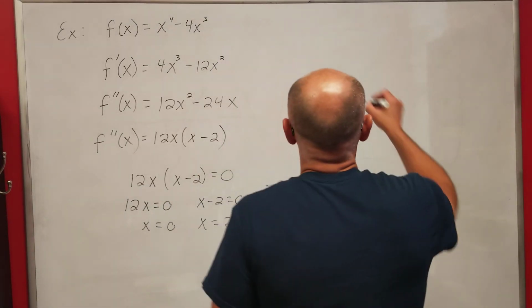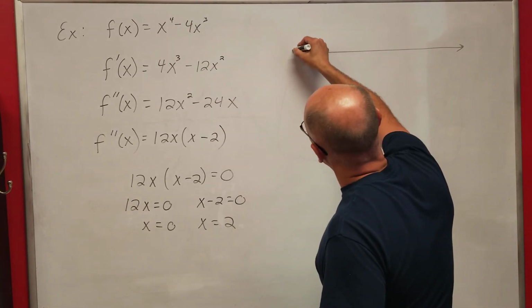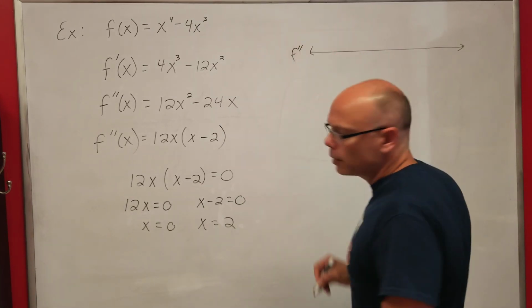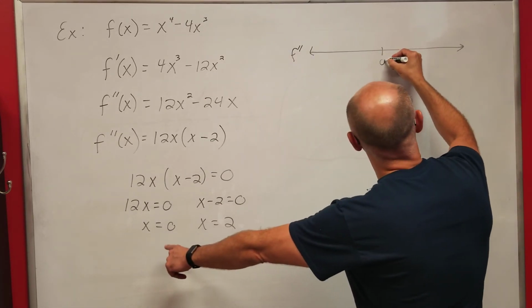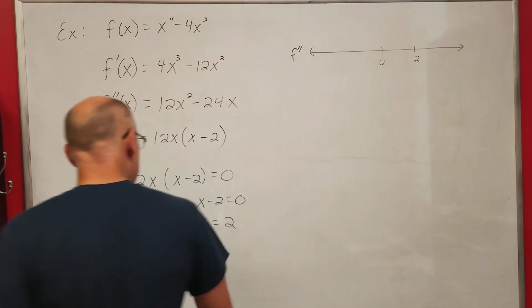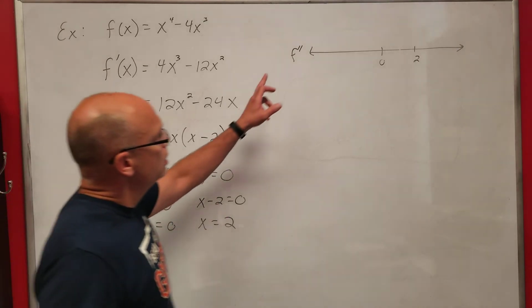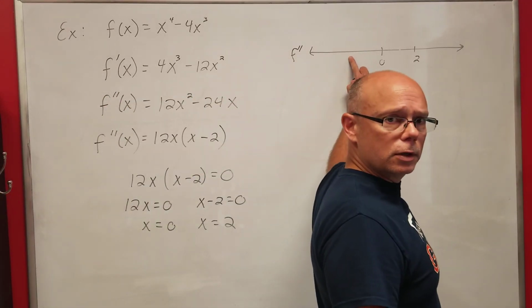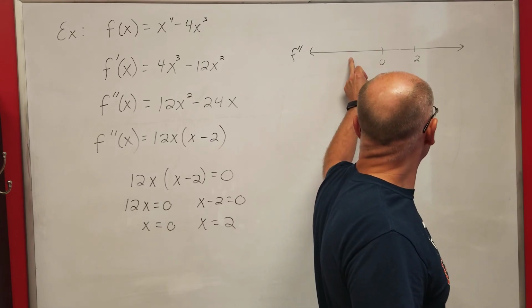So let's draw another number line. This time I'm going to call the number line F double prime. And I'm going to put 0 and 2 on this number line. And I'm going to use test values again, just like I did last time. This interval, is my function concave up or concave down? I don't know. Let me pick a test value.